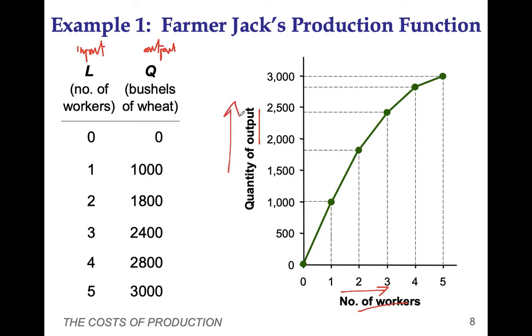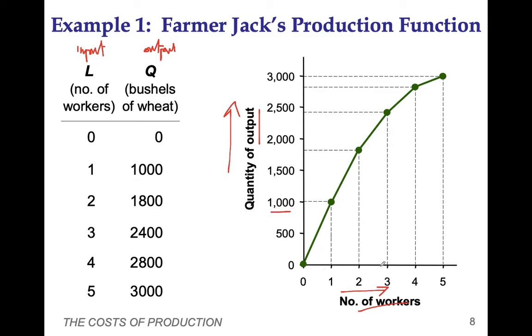But observe something important here. The first worker, worker number 1, could produce 1,000 bushels of wheat.